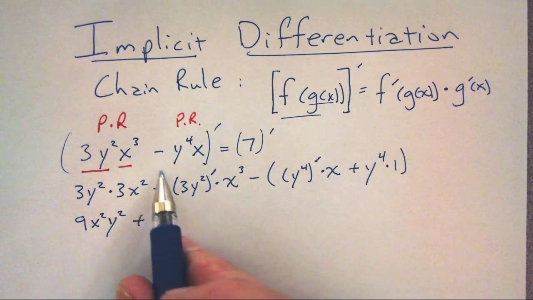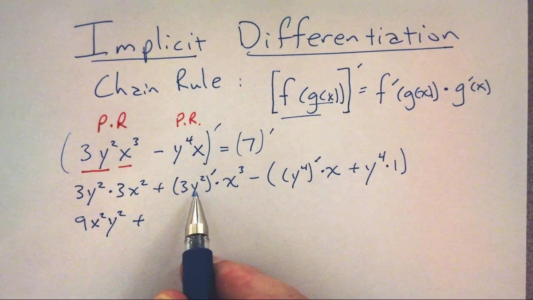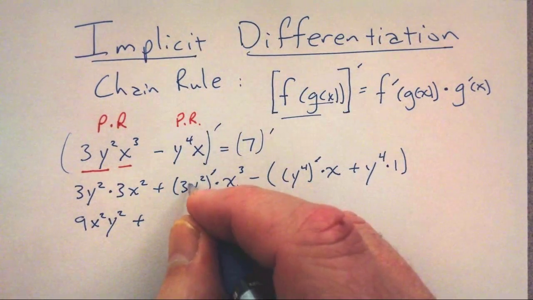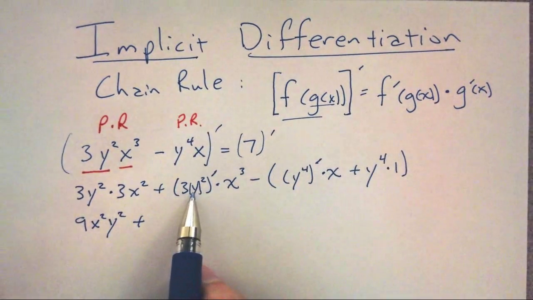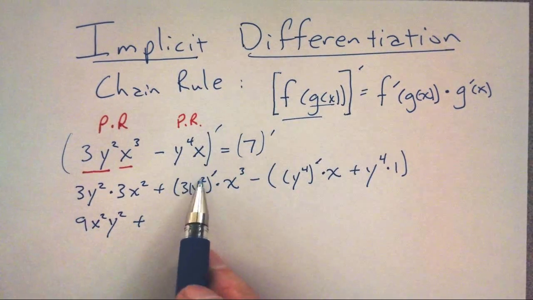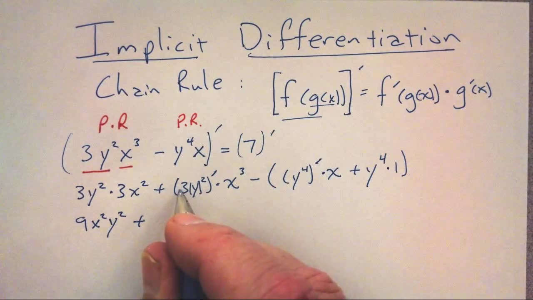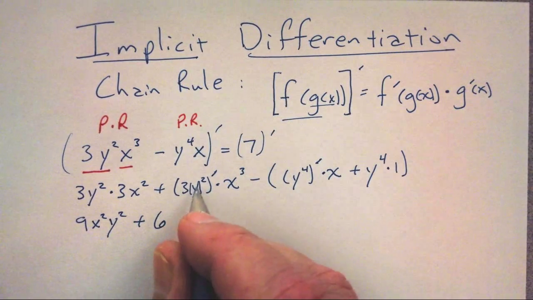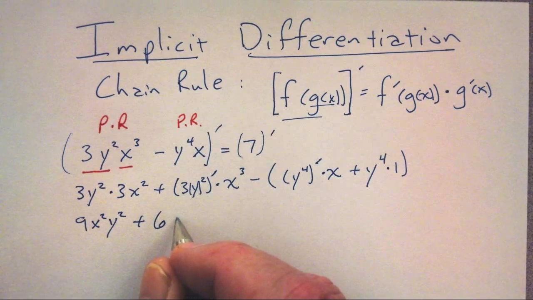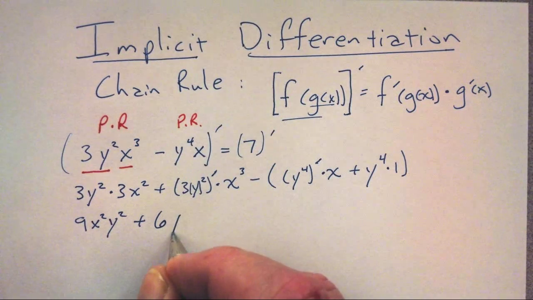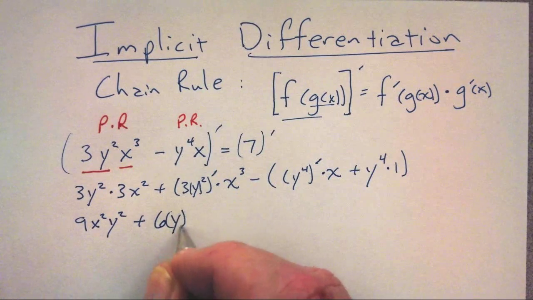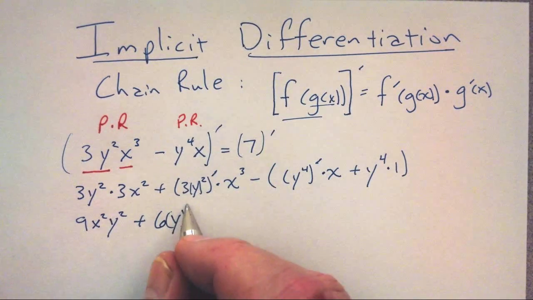If I could get y alone, maybe I could. But if I got y alone, y would be a function of x. So this is like a function of x inside another function. So we want the outside derivative, 2 times 3, 6, of the inside function y.